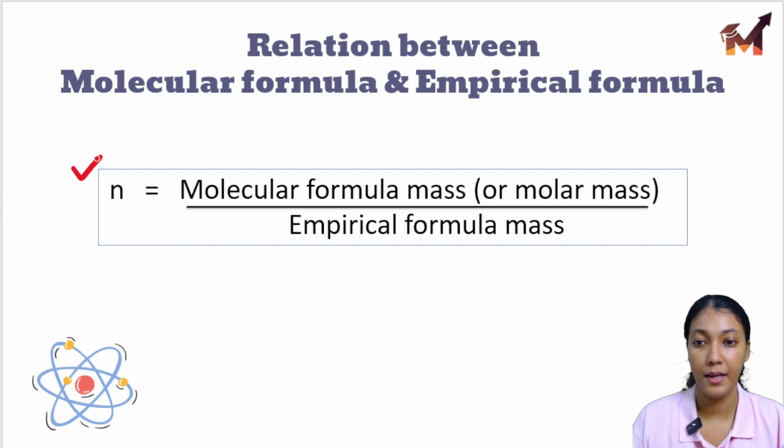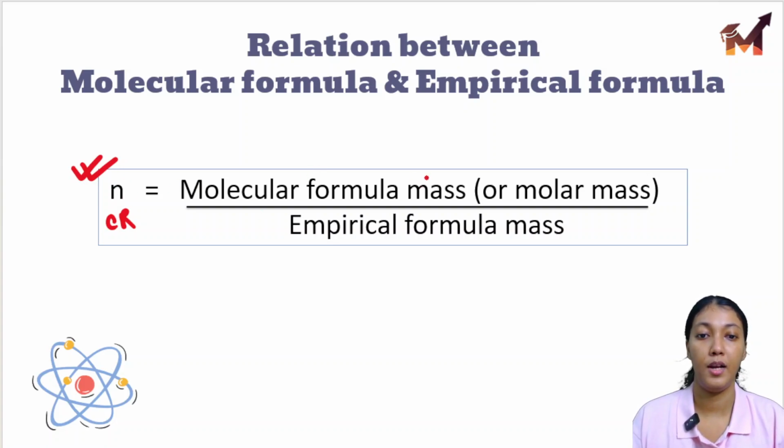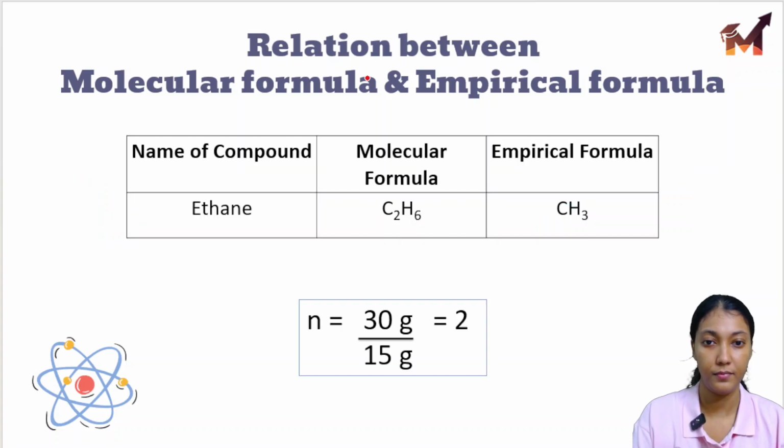This is a very, very important relation where N is the common ratio. I'm writing it as CR, common ratio. N will be equal to molecular formula mass, which can also be written as the molar mass, divided by empirical formula mass. So this is the relation between a molecular formula and an empirical formula for any compound.